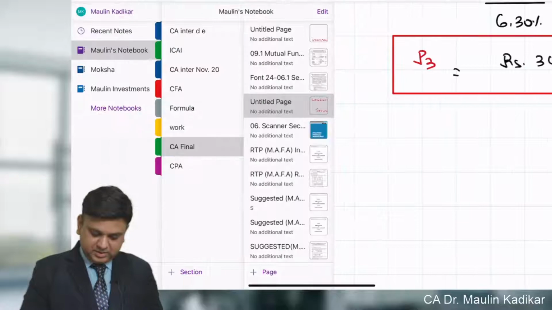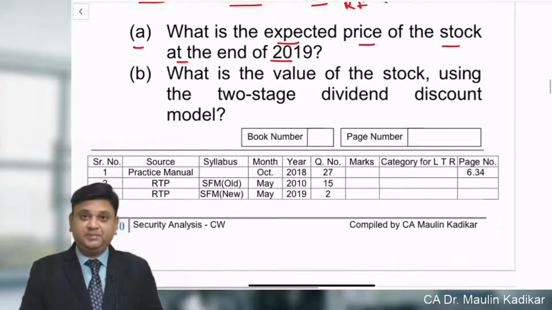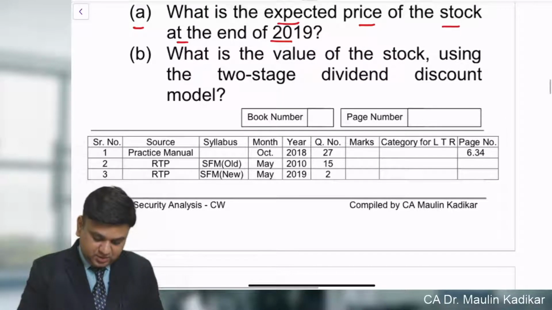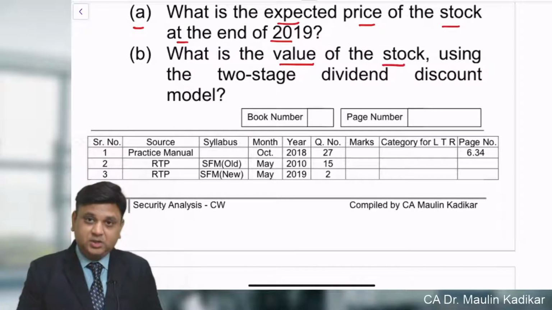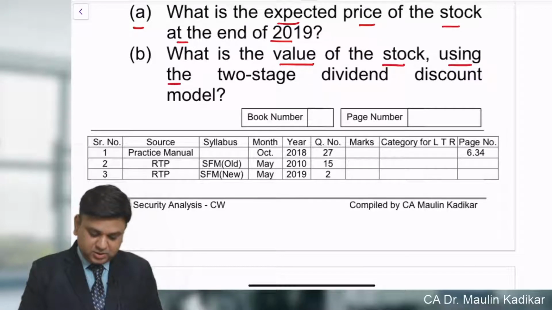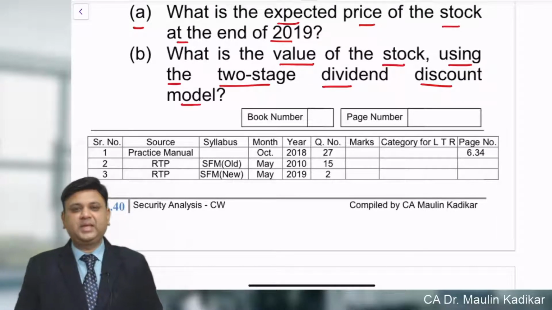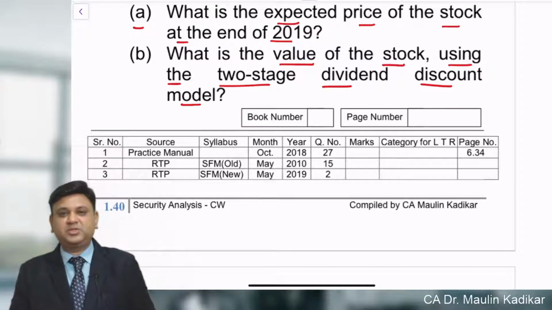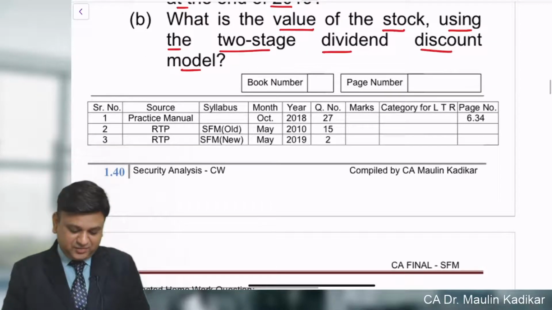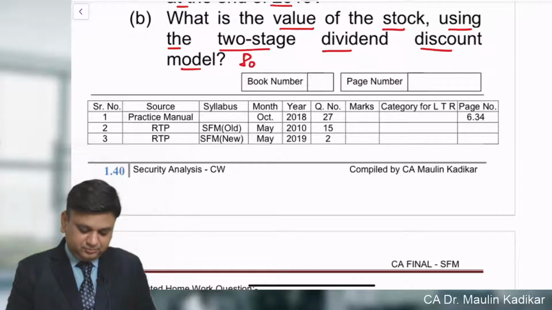Okay. Next. The B part of the question asks: what is the value of the stock using the two-stage dividend discount model approach? The dividend discount model approach is nothing else but a P0 calculation.